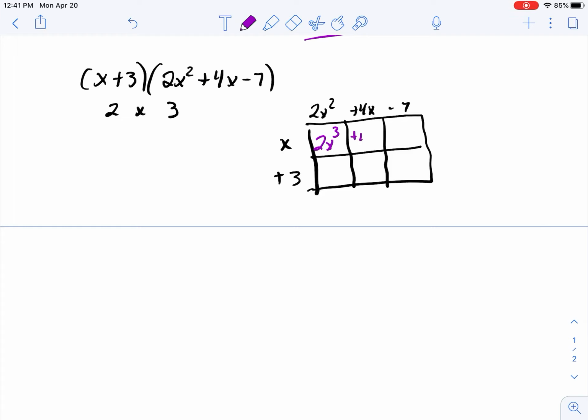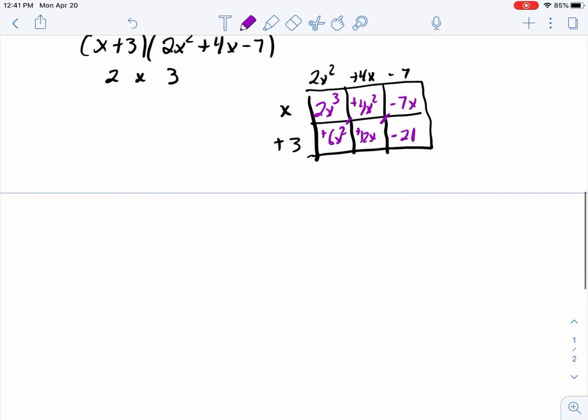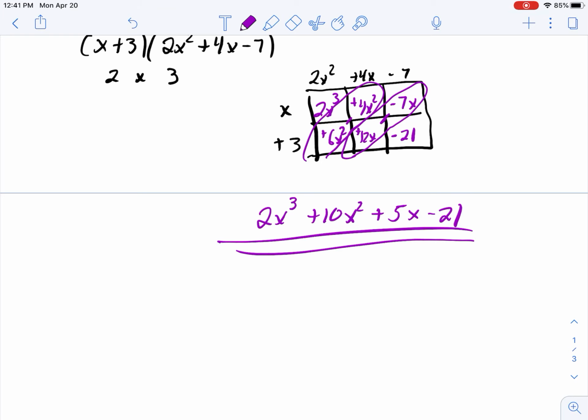You have 2x cubed plus 4x squared minus 7x plus 6x squared plus 12x minus 21. Again, a lot of times a pattern should develop where you can add the diagonals. And what you have here is 2x cubed plus 10x squared plus 5x minus 21. Okay, so just do the same process as we have been in chapter 3.